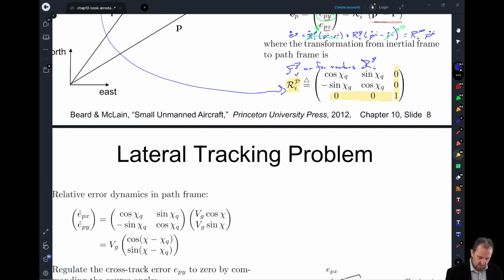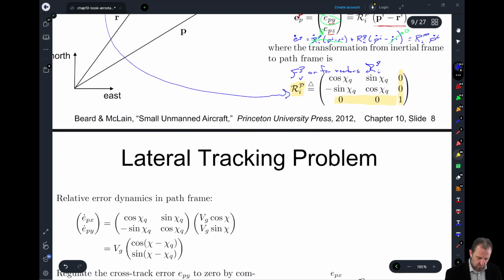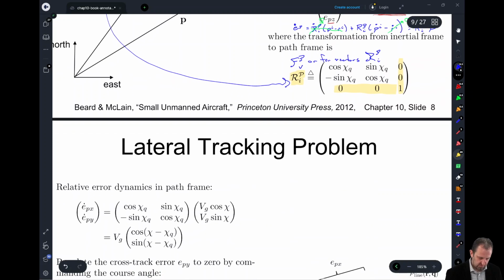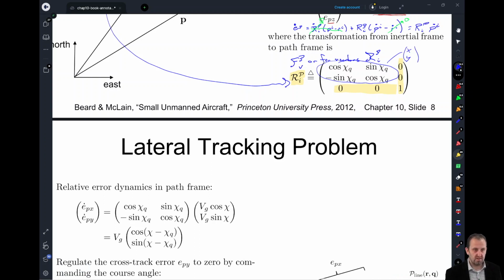Well, one thing we're doing right here is, since we're transformed, this only transforms x and y, right? So we don't necessarily care right now about any component of z. All we care about is x and y.